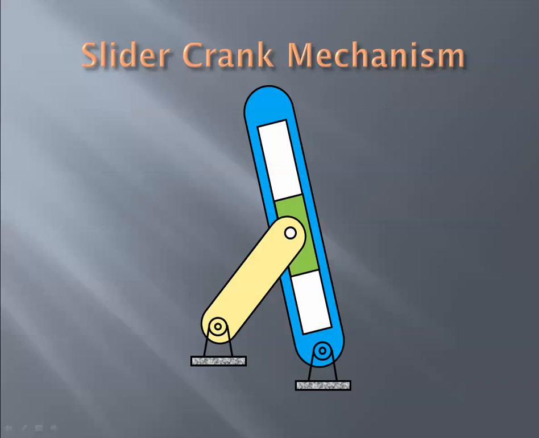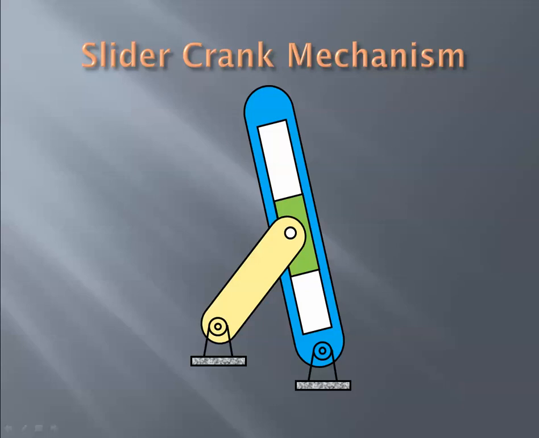On the output link, we have a slot, and in the slot, there is another link, the green link, and it is the block. And the block can slide inside the slot up and down. At the same time, the block is pinned to the crank here.